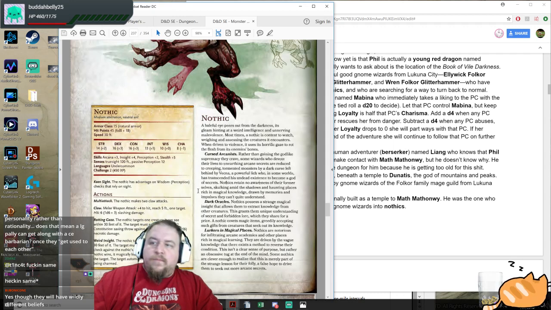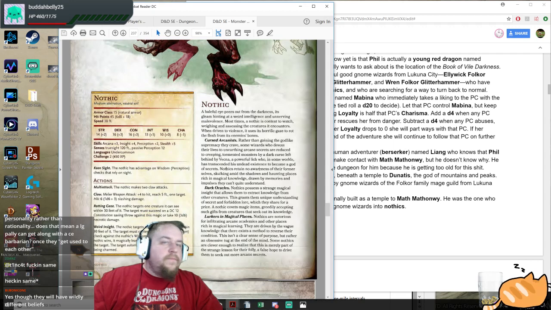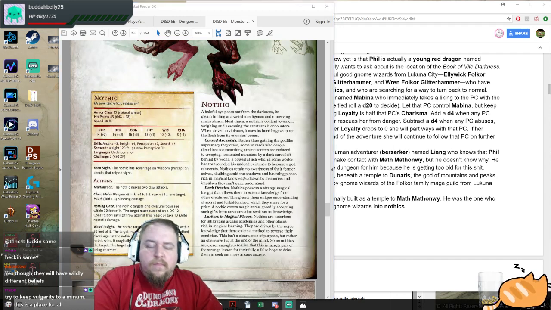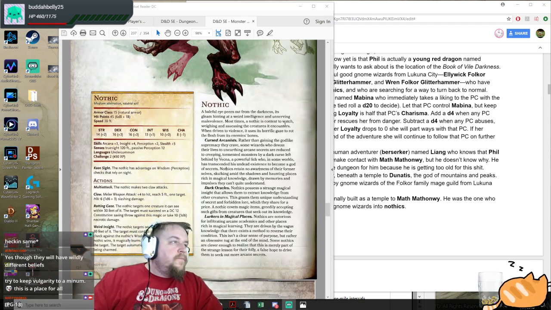So, oh, I forgot about something. Sorry, my brain's all jumbled up now. So, Nothics, it says right there, under Cursed Arcanists, Nothics retain no awareness of their former self. Right?